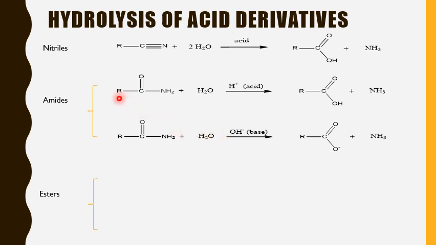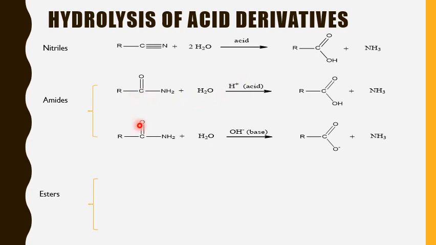So, unlike cyanides, amides take just one water molecule for this hydrolysis process, where the amides are converted into carboxylic acids. I hope you remember that cyanides take one water molecule and form the intermediate amides, which then take another water molecule and finally give carboxylic acids.